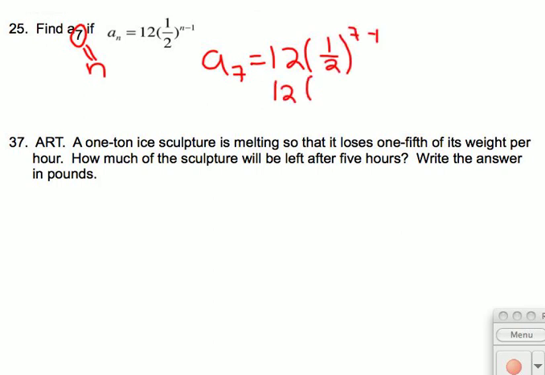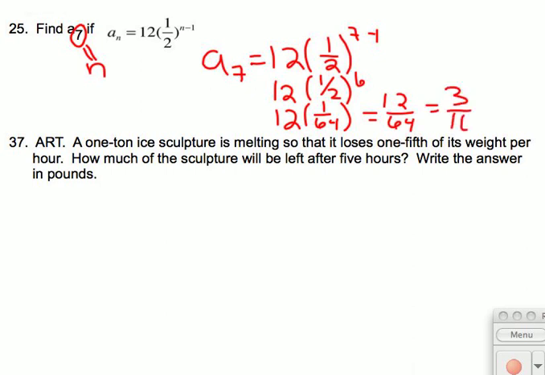So that's 12 times 1/2 to the 6th, which is 12 times 1/64, which if I simplify after I multiply, I come up with 12/64, which is 3/16. So my a sub 7 is equal to 3/16.